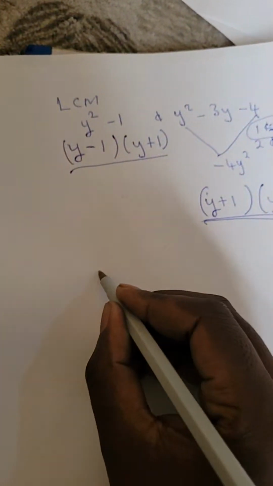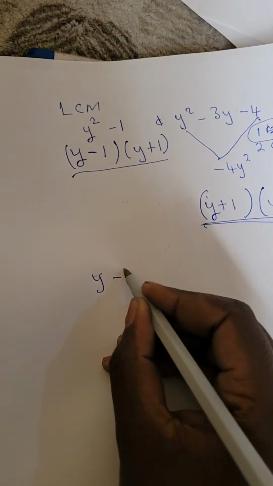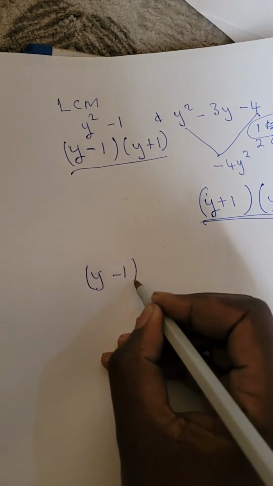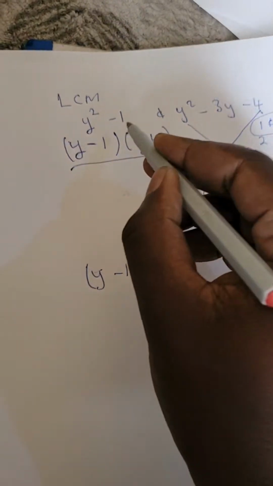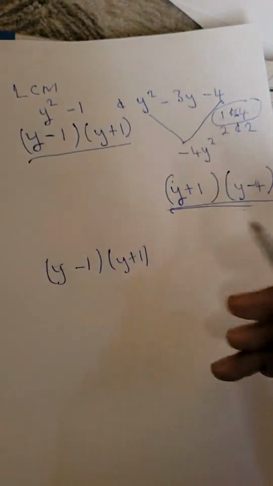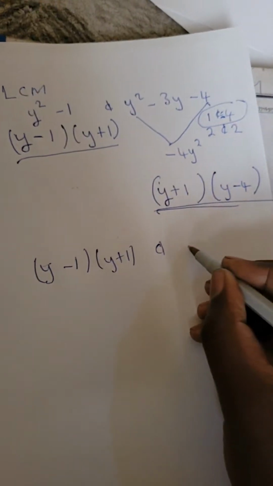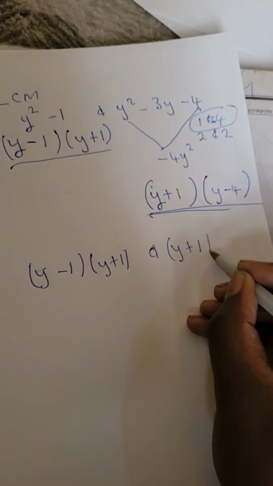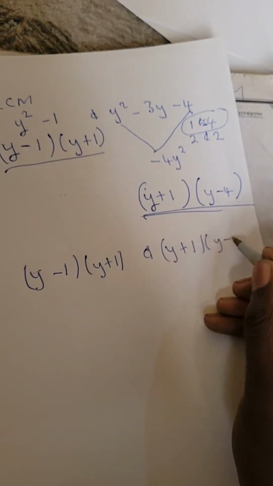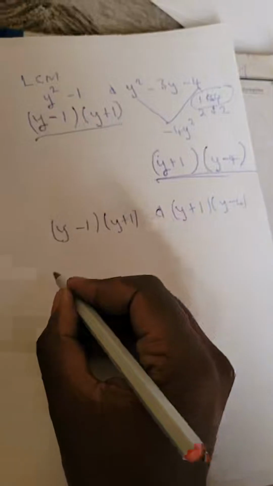So what do we have here? We have y minus 1 and y plus 1 when we factorize y squared minus 1. And we do have y plus 1 and y minus 4. And the question says find the LCM, which is the lowest common multiple or the denominator.